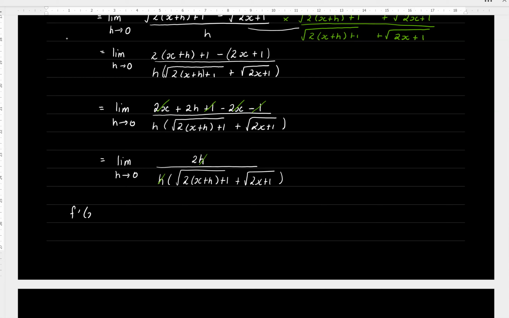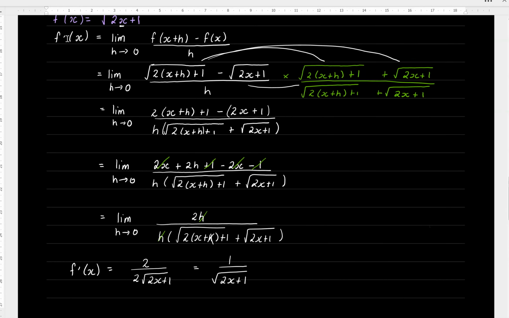So I get f dashed of x equals 2 upstairs, and then downstairs this h is now 0, so that's gone. So I've got root 2x plus 1 plus another root 2x plus 1, which ends up being 2 root 2x plus 1, which can cancel to be 1 over root 2x plus 1. There you have it.